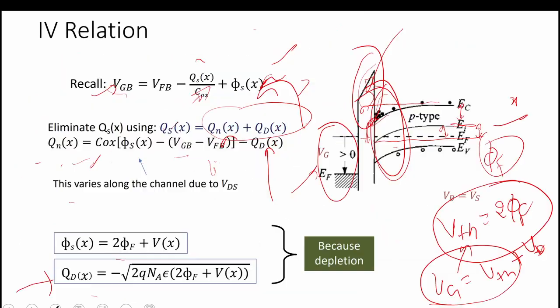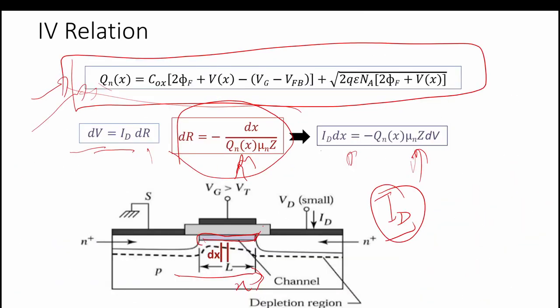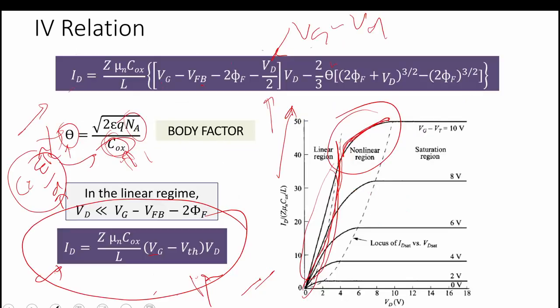At this point the inversion charge density is 0, because V_D is equal to V_G minus V_th. That's why this is the saturation voltage, because at this voltage only there is a pinch off, and the inversion charge density is 0 at this point.